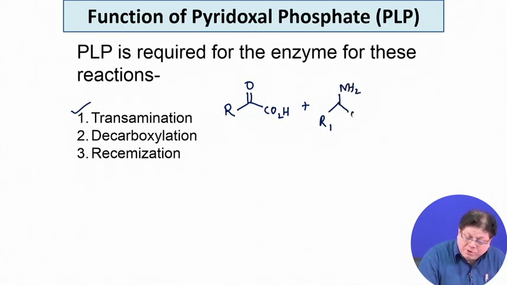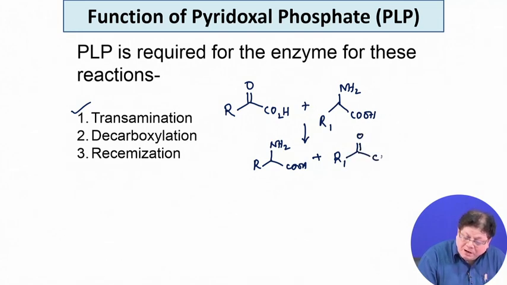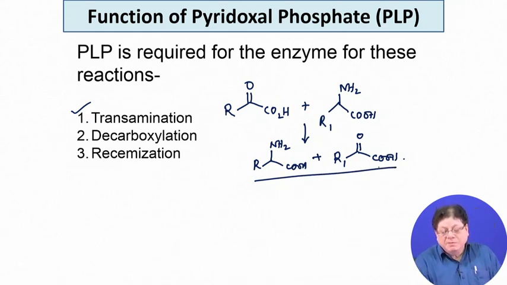into an alpha keto acid, and in this reaction the starting alpha keto acid becomes the amino acid and the amino acid on the other hand becomes the alpha keto acid. This is what is called transamination, because the amino group from one amino acid is transferred to the keto acid, which in turn is converted to a new amino acid.